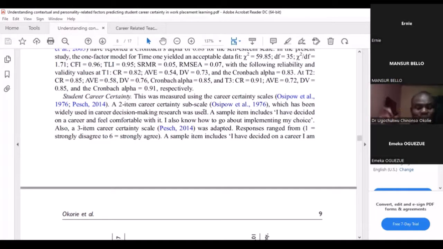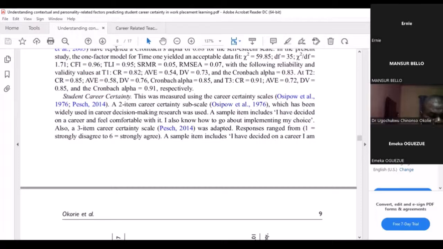For example, let's say you are in the field of entrepreneurship, and you want to develop a scale for measuring student entrepreneurial learning in Nigeria. Then, from literature review and from conducting a qualitative study with the use of interviews, which you must first of all publish.